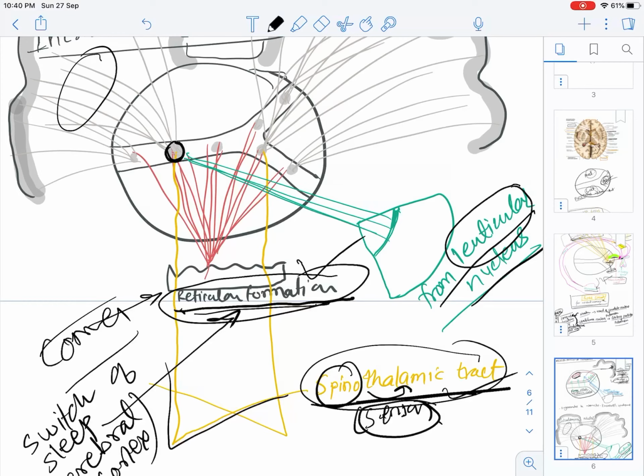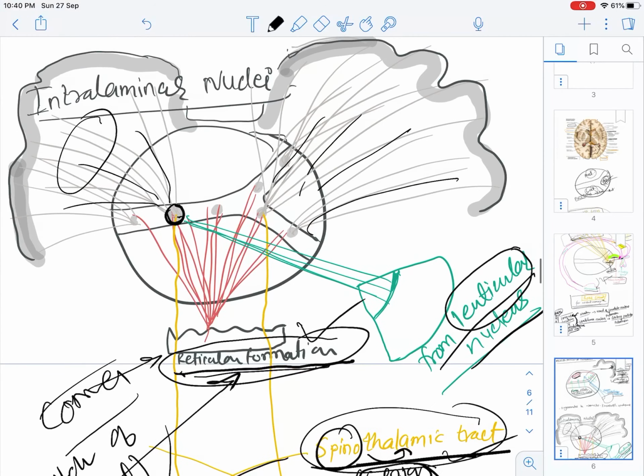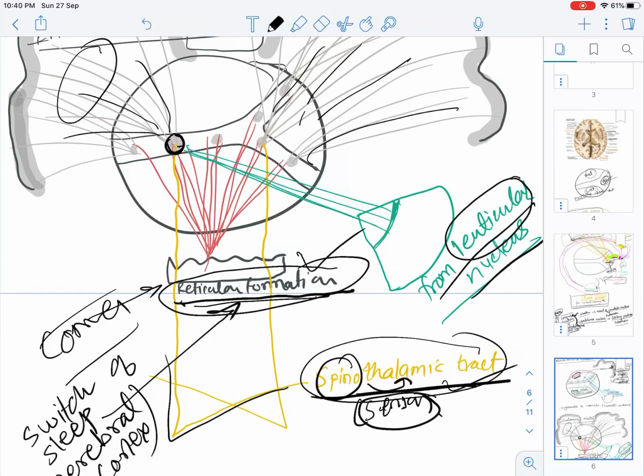Okay, so what does reticular formation do? Reticular formation sends its fibers through the intralaminar nuclei to all of the cortex, and that's why we are aroused when reticular formation is active. When reticular formation is inactive, these fibers won't act, and so there is a depressed activity of the brain, and that's why we fall asleep. But suddenly if somebody pinches you or touches you with hot water, you will arouse.